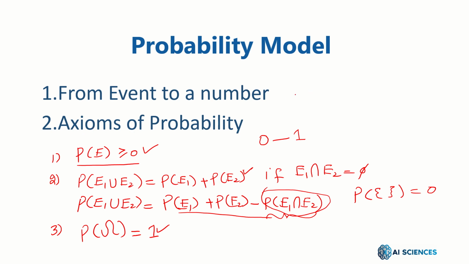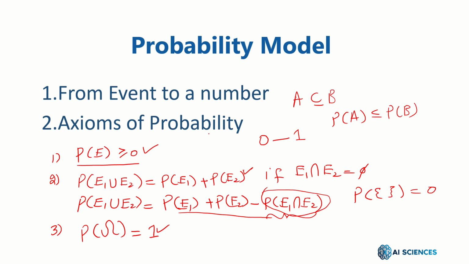There are several rules that you can now derive. For example, if A is a subset of B, then the probability of A is smaller than or equal to the probability of B. That is a direct consequence of these rules. And there are several other rules.